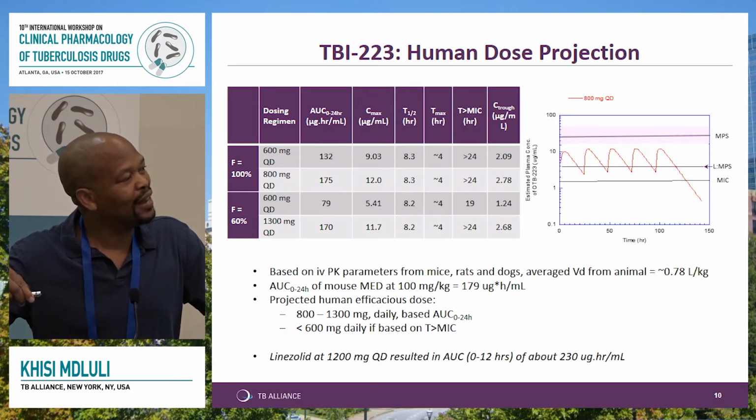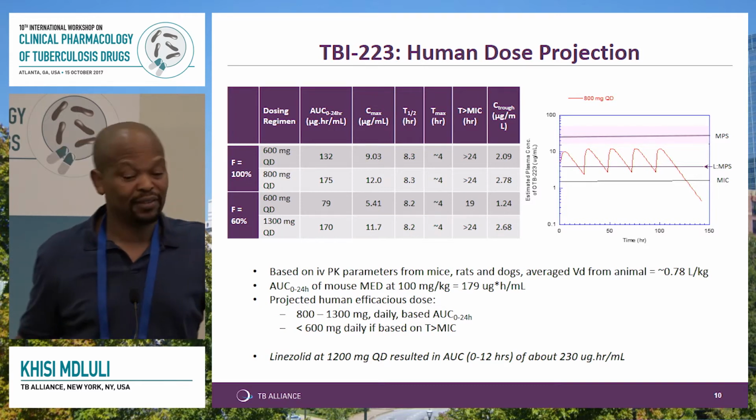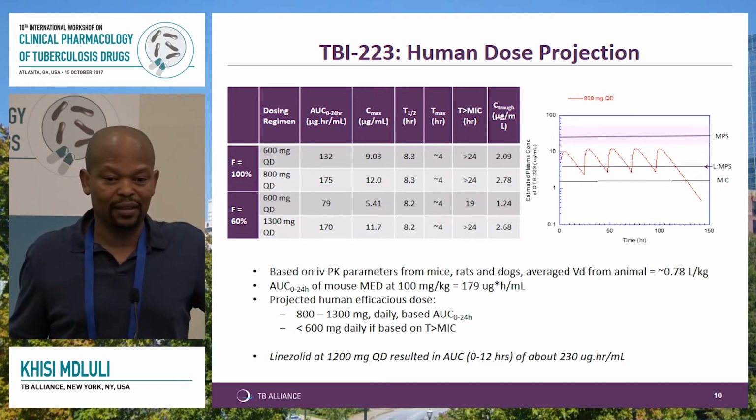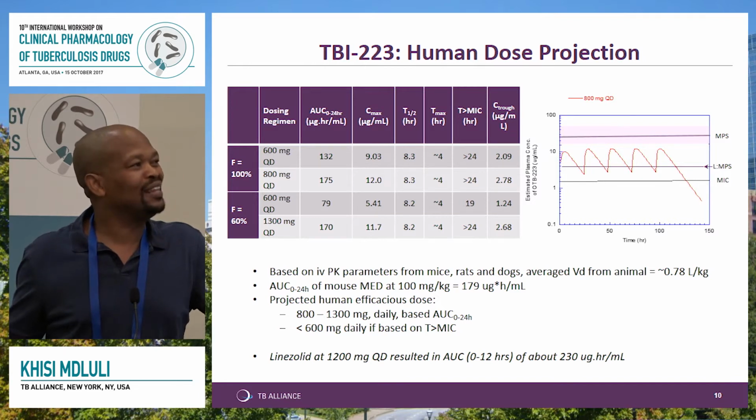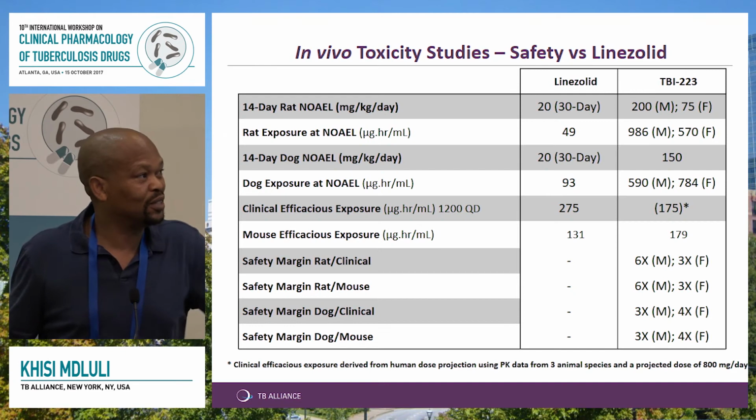So a bunch of the exposures per day are way above the MPS, which is how you get the toxicity. Whereas for our compound, with the dose that we're expecting to get, the MPS number is going to be below what we're going to be able to achieve for exposure, which is good.